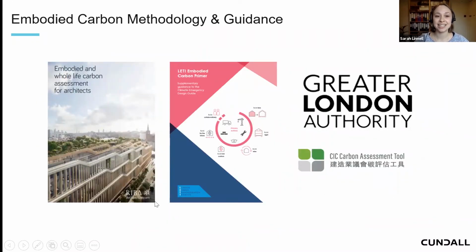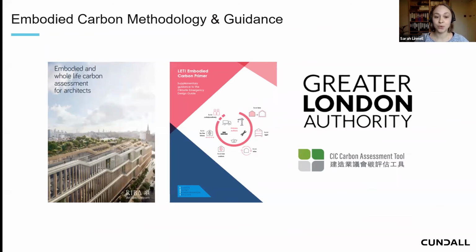So in 2018, RIBA then published a guide to the life cycle assessment methodology, explaining how it should be applied within the context of the RIBA work stages. And then in January of this year, LETI released their embodied carbon primer, which went a step further in suggesting some quite ambitious targets for the industry to follow.